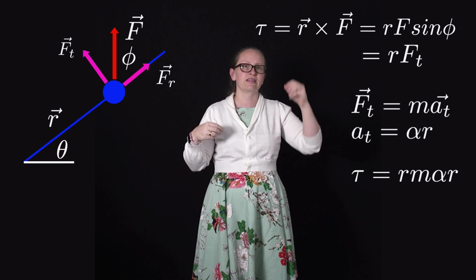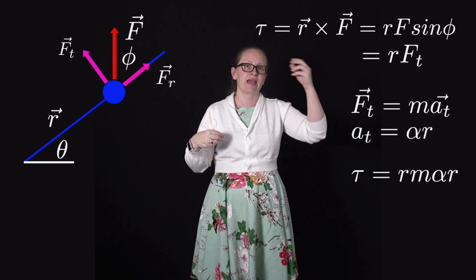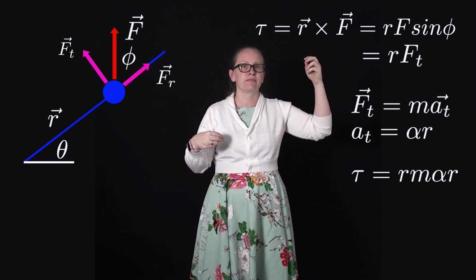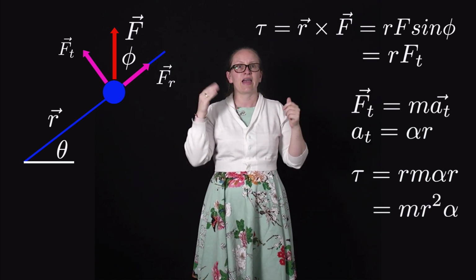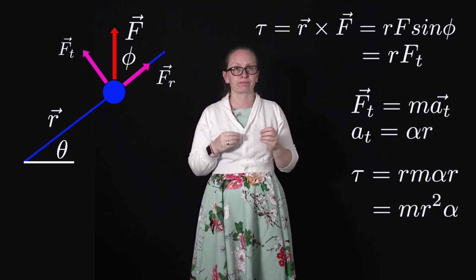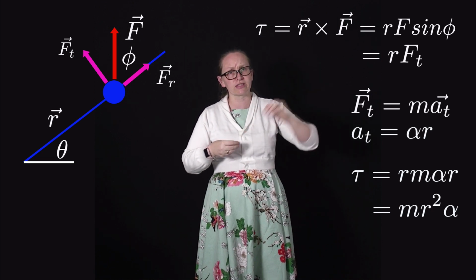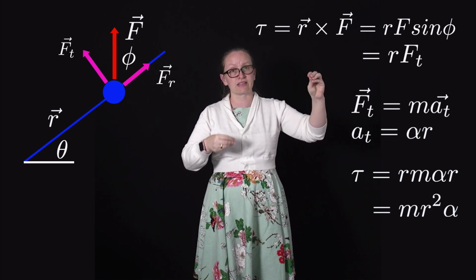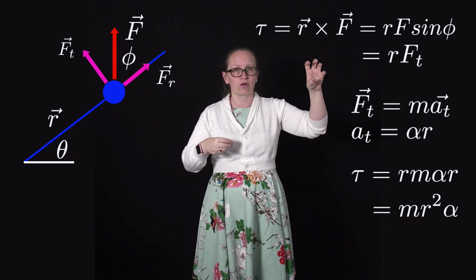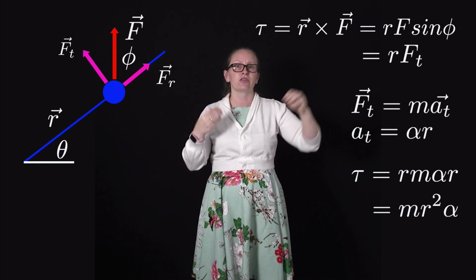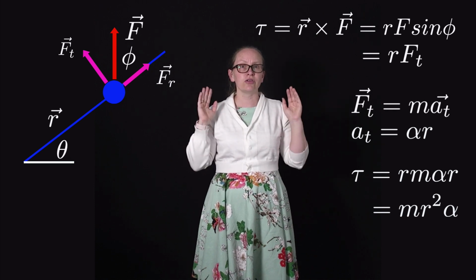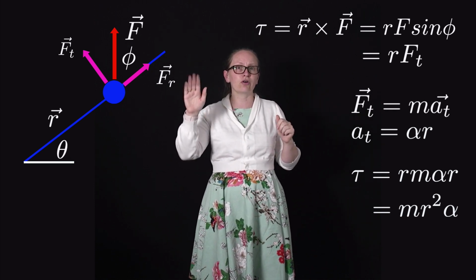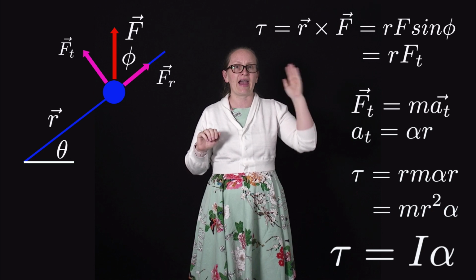So the torque is equal to the radius times m times alpha times r. Or we can rearrange that to write it as m r squared alpha. Now for the object we've just described, a massless rod with a mass m on the end, a distance r away, the moment of inertia is just given by m r squared. So you can see in this case the torque is equal to I alpha.